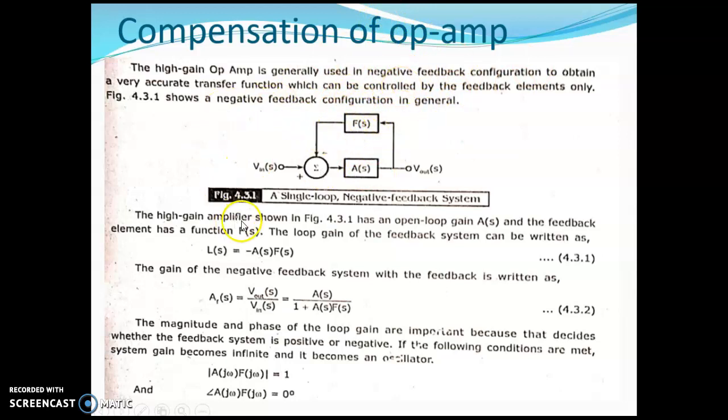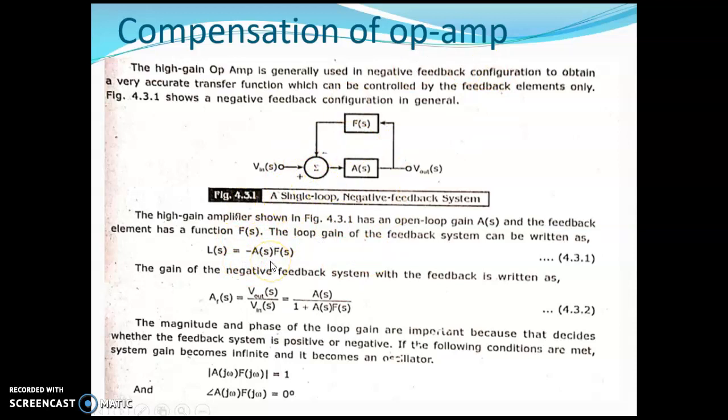Here you can see the high gain amplifier, which has an open loop gain, that is A(s), and the feedback element F(s). So F(s) is the feedback element and A(s) is the open loop gain. Here you can see the output function, which is taken as negative since you are using negative feedback.